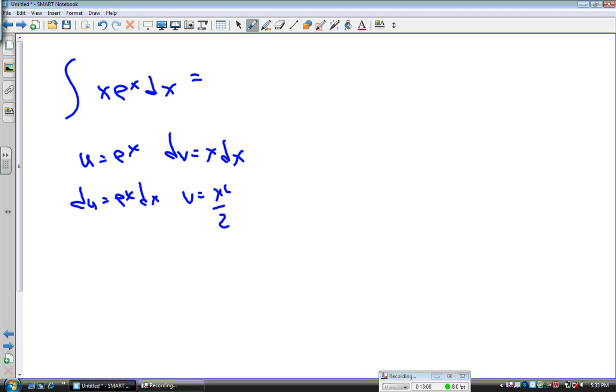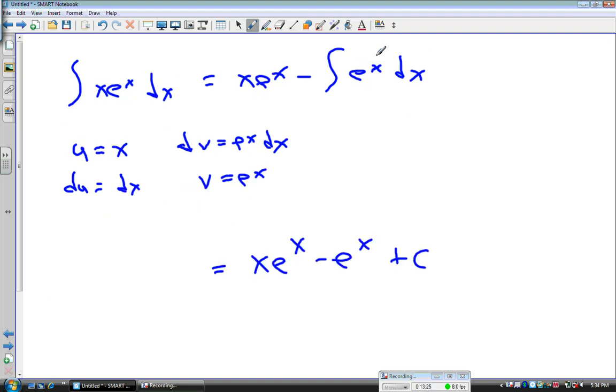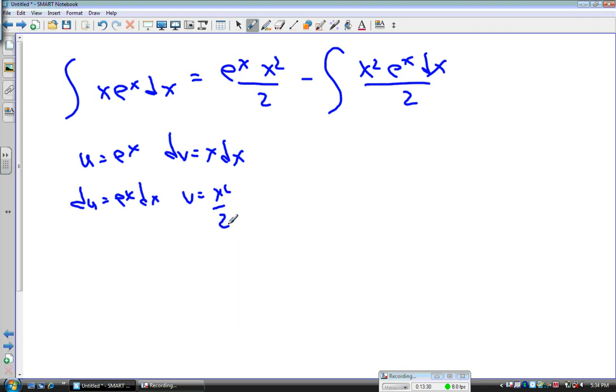So u times v is e to the x times x squared over 2 minus the integral of v du, minus the integral of x squared e to the x dx over 2. The problem with that, look, is that you get an integral that's worse than what you started with. Here you end up with an integral that's easier than what you started with. That's the trick.